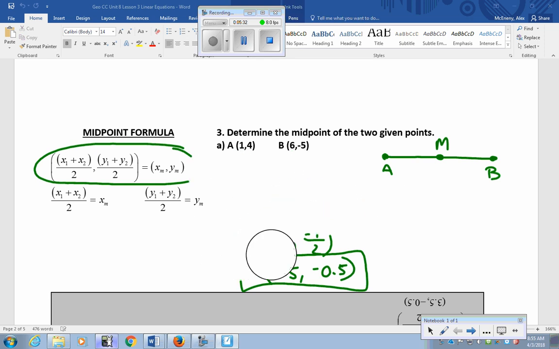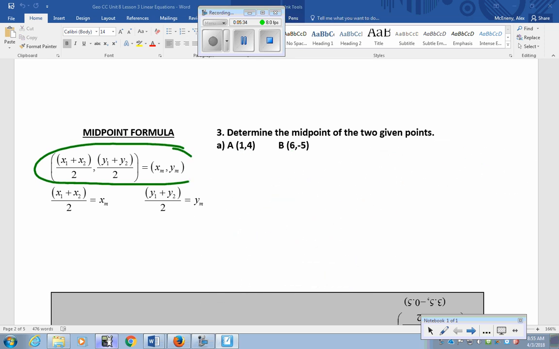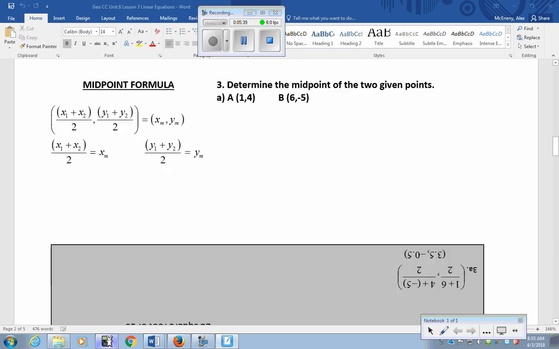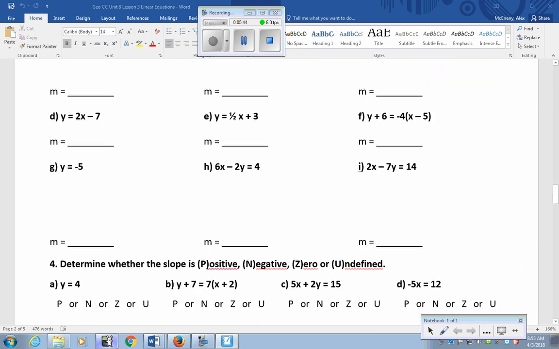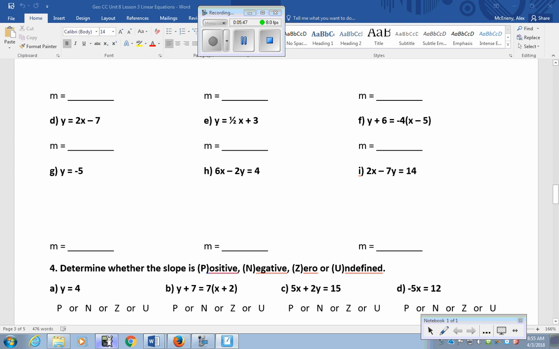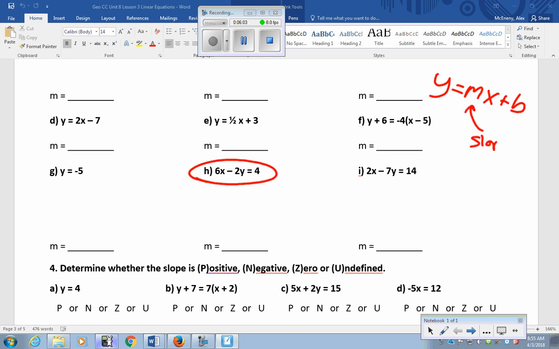Now, the last one I want to look at is actually one of the ones from the assignment. So, if you go to page, in this case it'd be page 3, and it talks about finding M. What you want to do with something like H, I know some people struggle with this, is get Y by itself, because you're using the whole y equals mx plus b to find that slope, because the slope is going to be the value next to M. So I'm just going to do an example over here on the side, just to help you out.